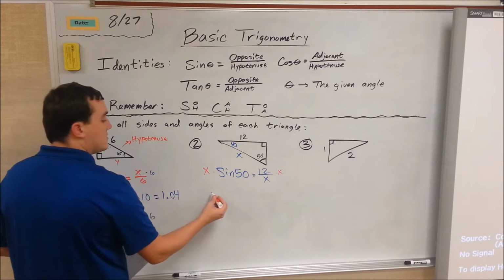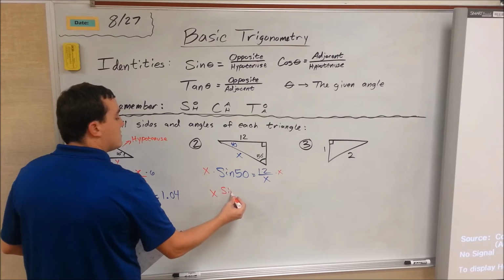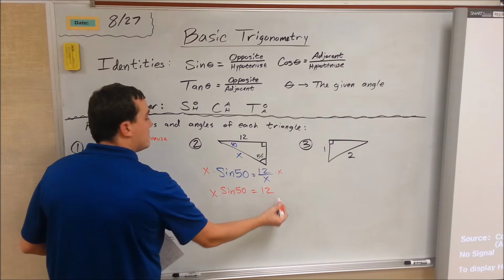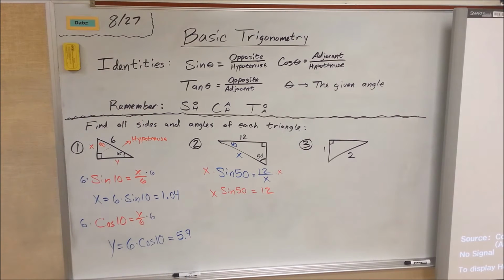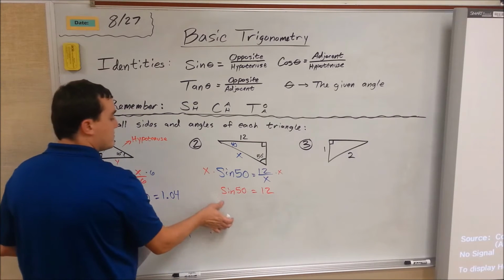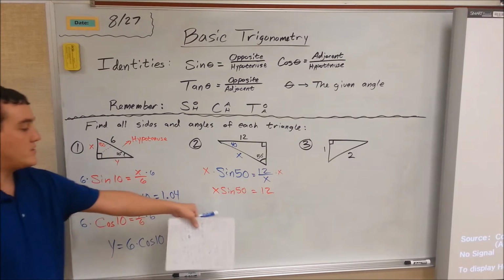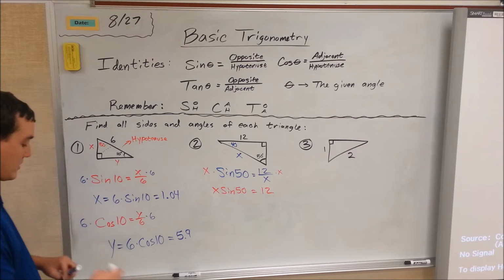So x sine of 50 equals 12. And to solve for x, you divide by sine of 50. Alright?